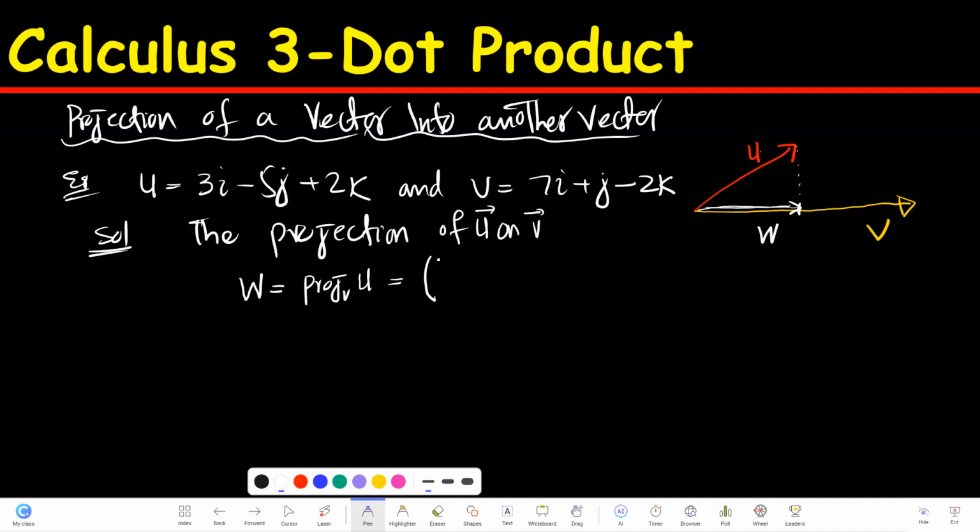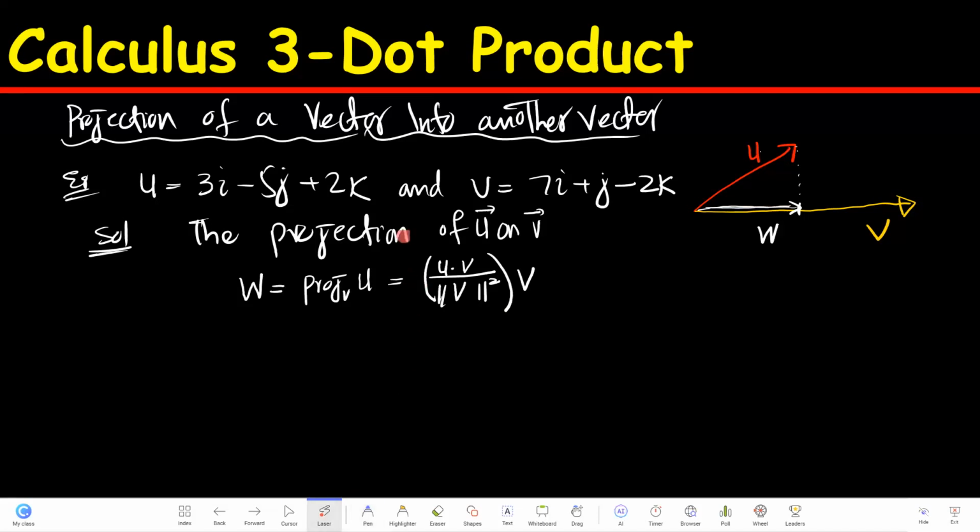The vector which is being projected is going to come only once, in the dot product, divided by the magnitude of V squared.